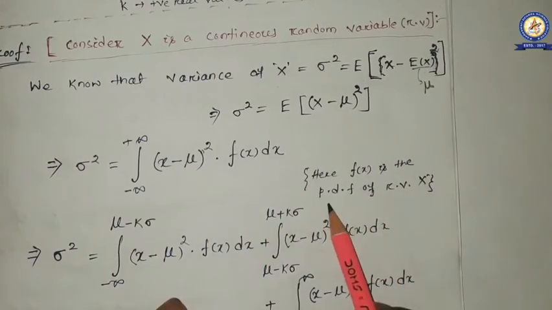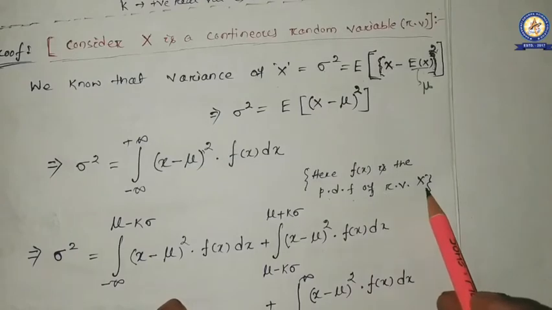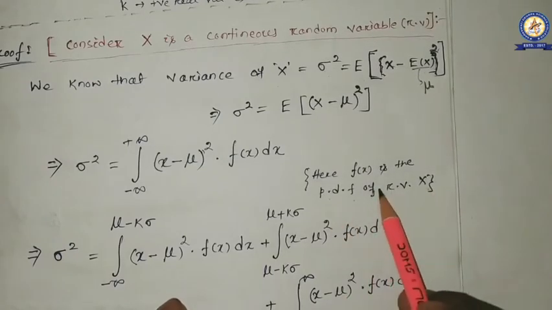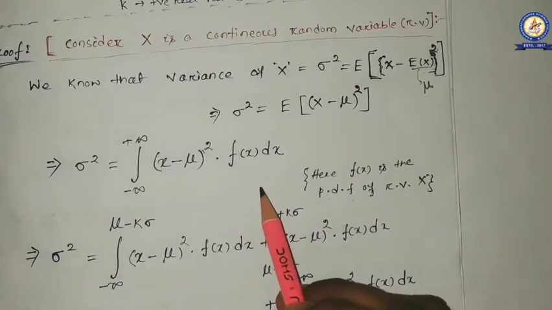Here fx is the probability density function of the random variable x. As it is a one dimensional random variable, this is the probability density function.